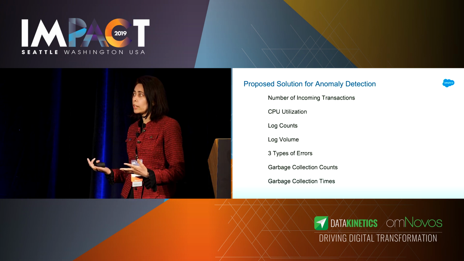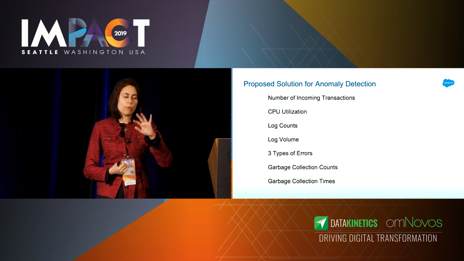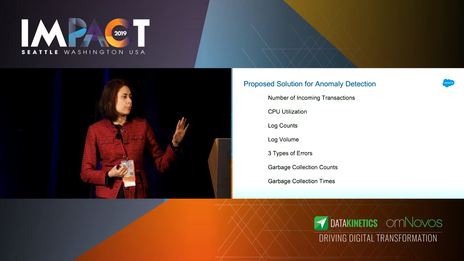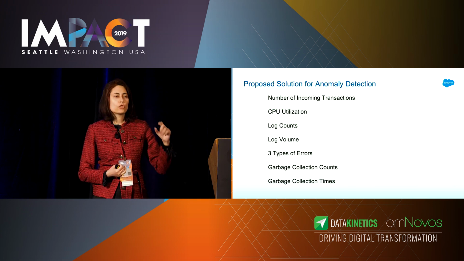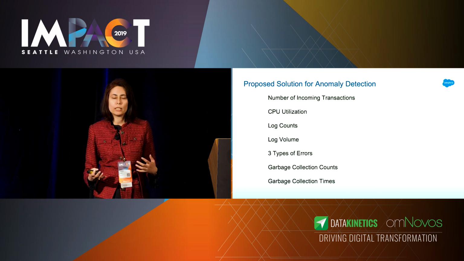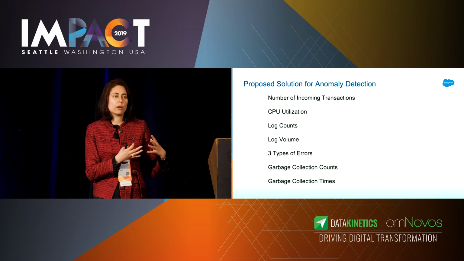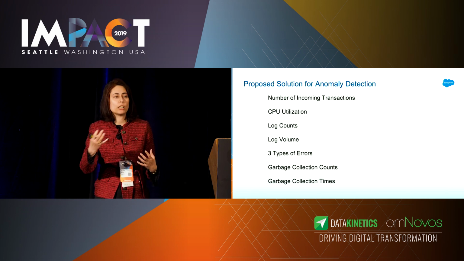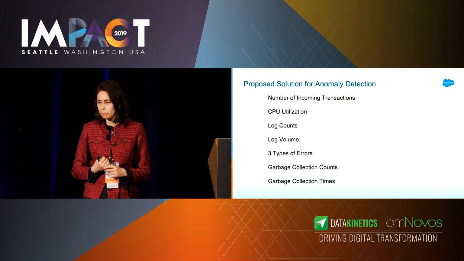These metrics were not chosen randomly. What we did was went back and looked at our production historical data, looked at all the incidents that occurred in the last year, tried to figure out where CPU degraded, and then how did we figure out what metric was an indicator telling me that CPU was degrading on the system. And that is what we came up with.